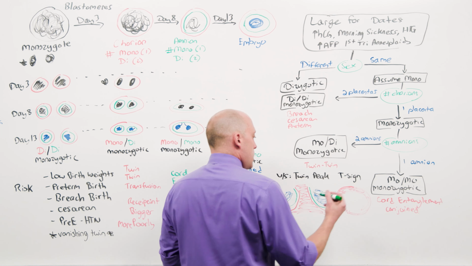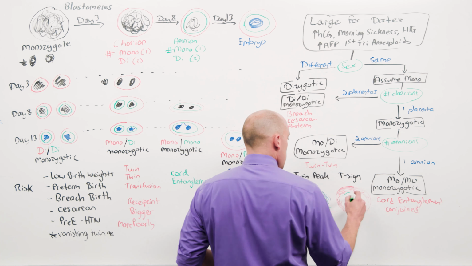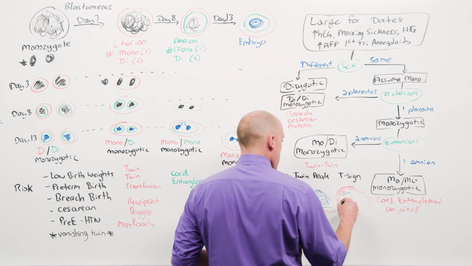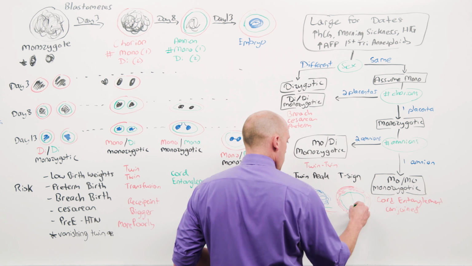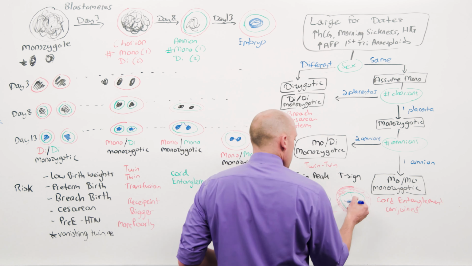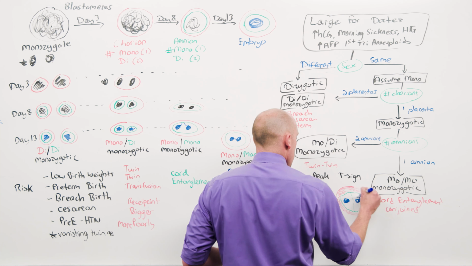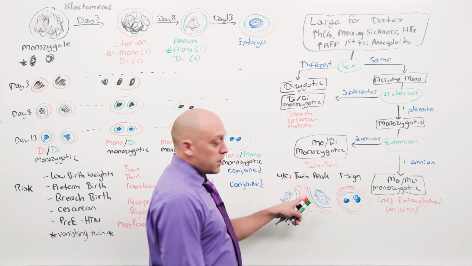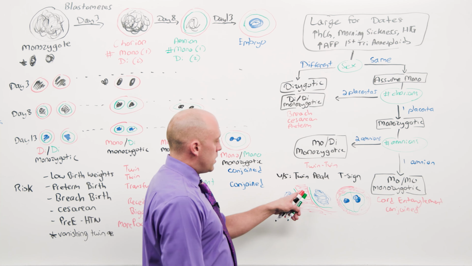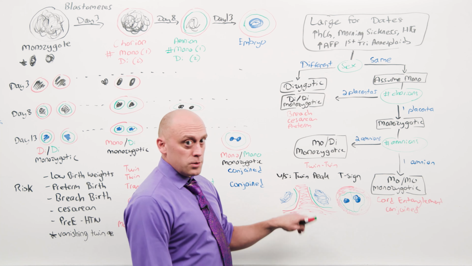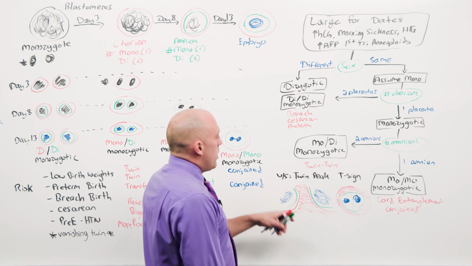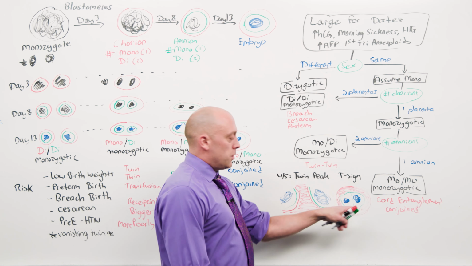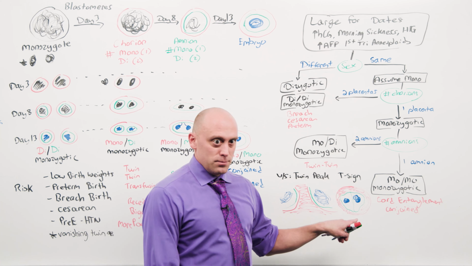And then there's going to be 2 amnions. And so the amnions get smushed. They're a thin white line that surrounds a fetus and its amniotic fluid. Thick, twin peak sign, 2 chorions. If 2 chorions, must be 2 amnions. T sign, 1 chorion, 2 amnions.